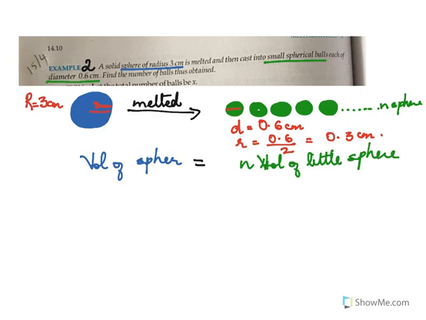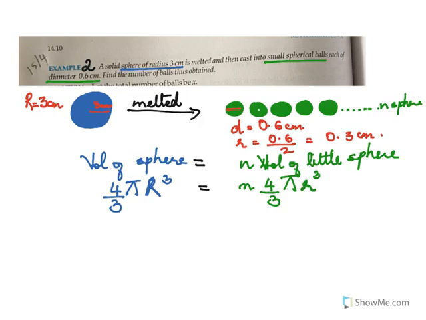So let's put the formula. Volume of sphere is 4 by 3 pi r cube, and this is melted, and now here we have n times 4 by 3 pi, but note now my r is a small r. It's not the same r. This was the capital R and this was the small r, because the radii are different.